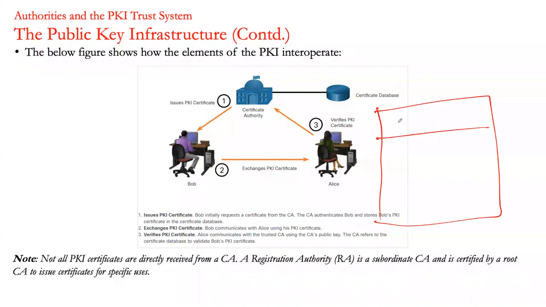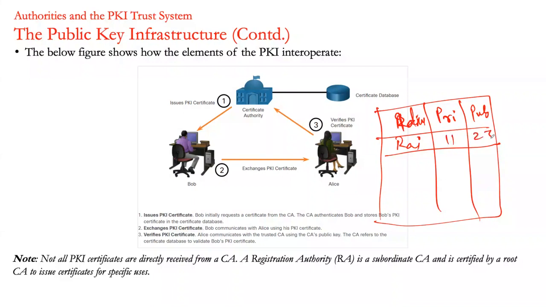The entries are Raj, the identity, private key, public key. The entry is Raj, private key is suppose 11, public key is 23.